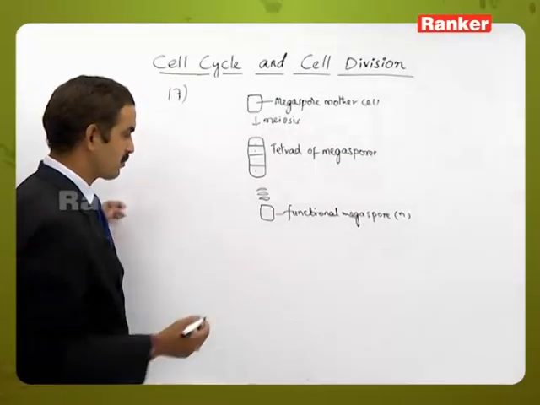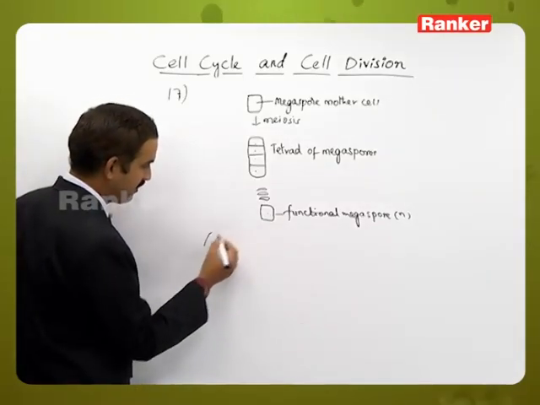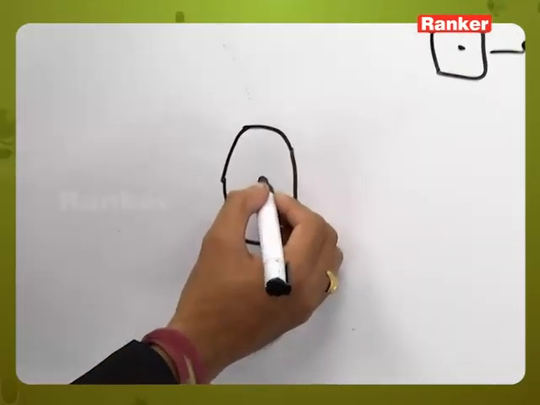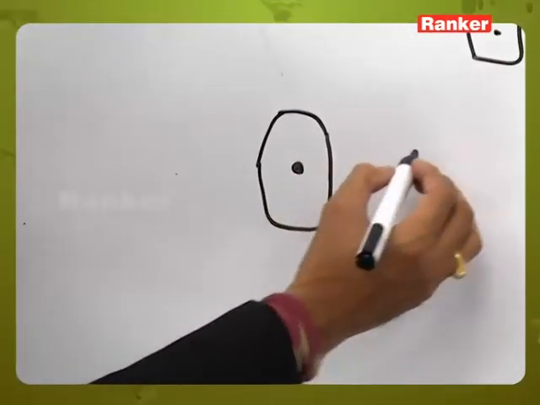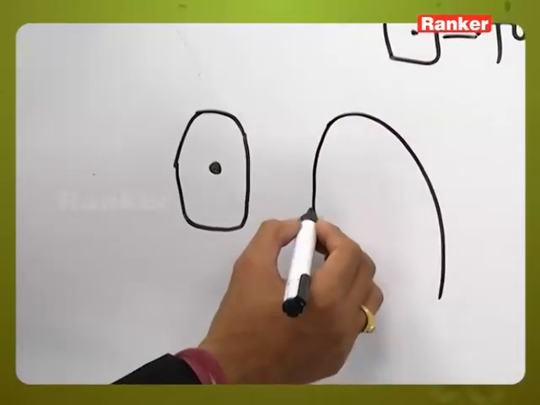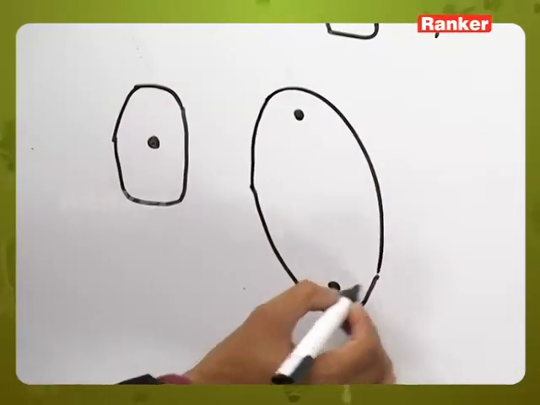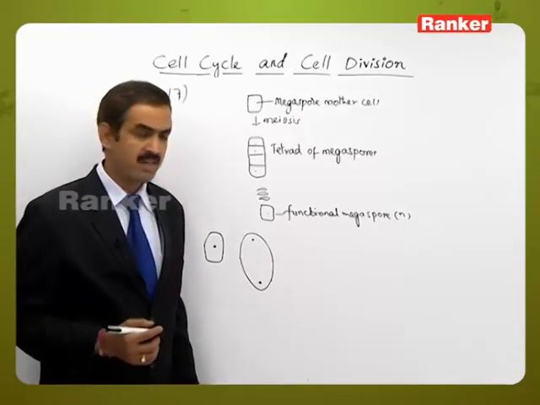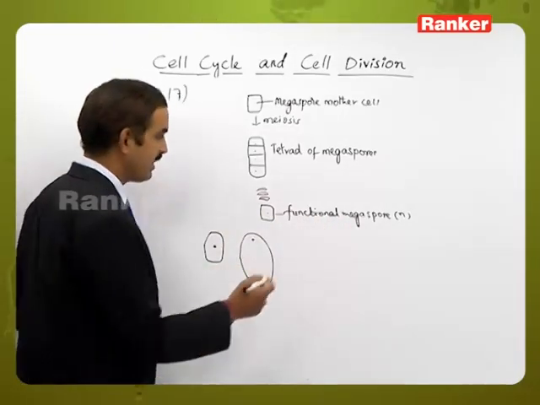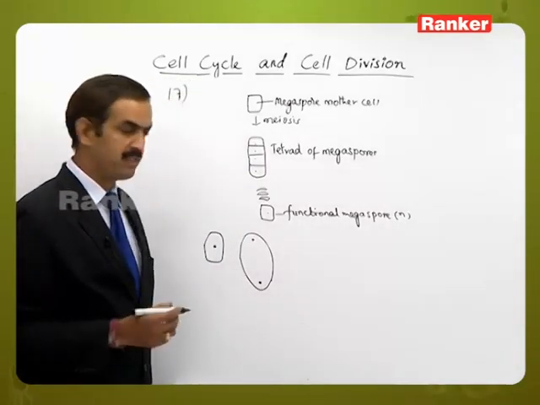In this functional megaspore, the nucleus will divide first, and these two nuclei will move towards two opposite poles. Only the nucleus divides, and since the nucleus in the functional megaspore is haploid, it has to undergo mitotic division.